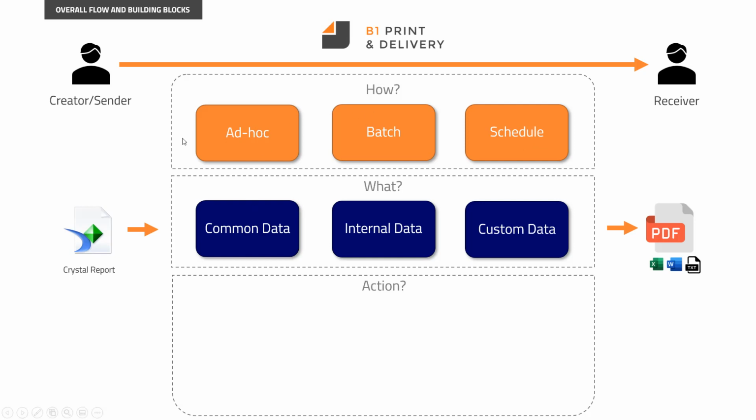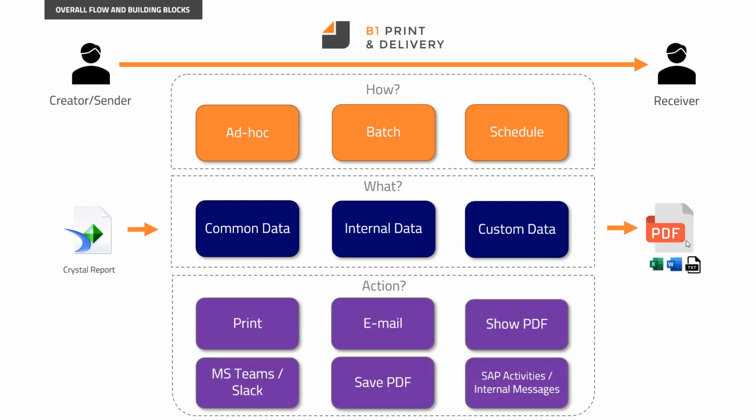The data comes from a Crystal Report. That's the common thing about the data. And it will be output primarily as a PDF, but there are options to actually do it as Excel, Word, or text if need be.